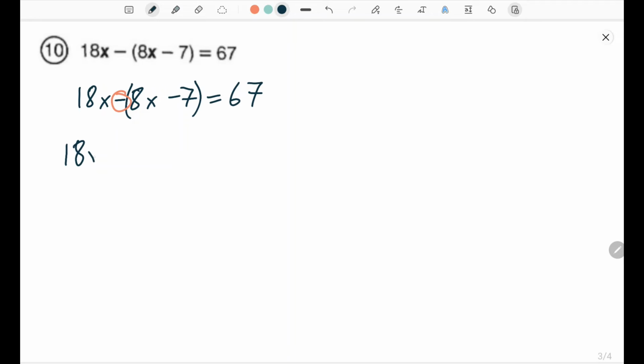So if we have something in brackets like that, with the minus sign outside of it, we can just apply that minus sign to both of the parts inside of the brackets. So we have 8x, well that's going to become subtract 8x, but here's where we have to be careful, because right now inside of the brackets you have a minus 7, well it's going to be minus negative 7.